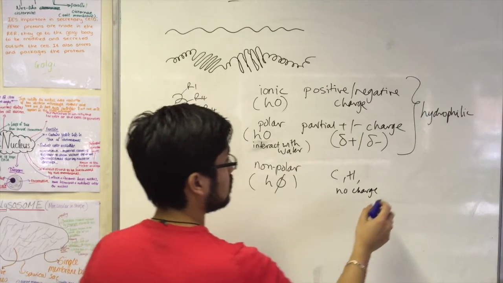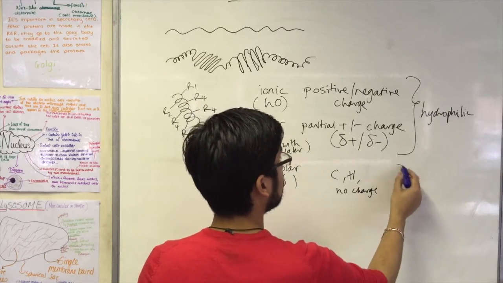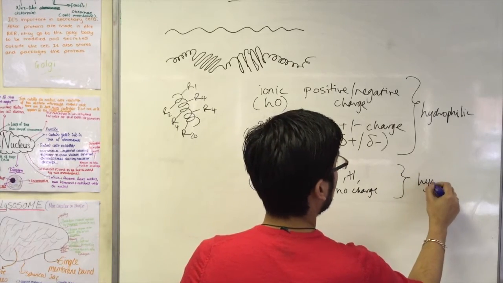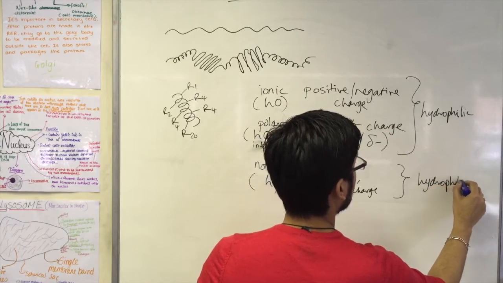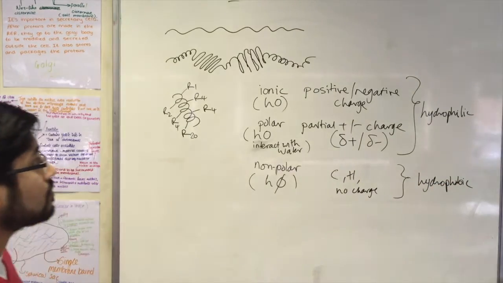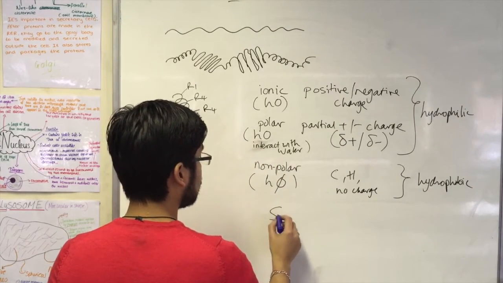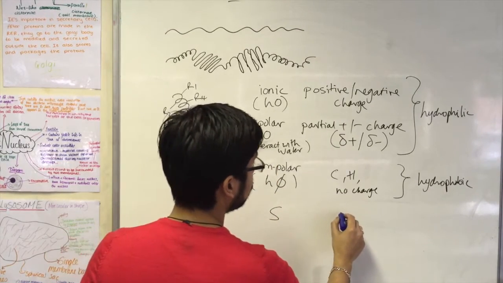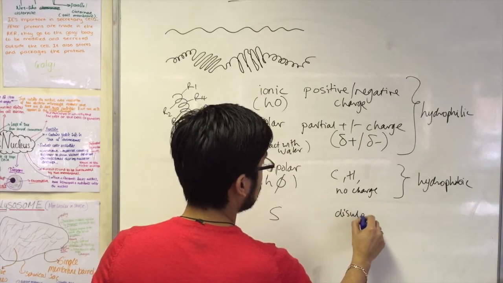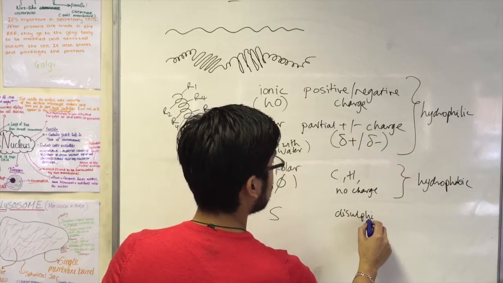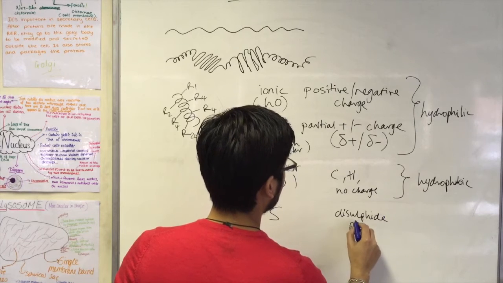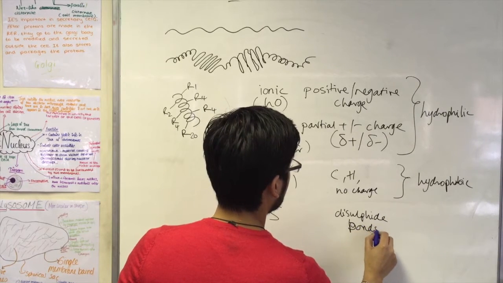No charge, no partial charge either. And these are hydrophobic. Okay. And then we have some R groups that have sulfur in them, and they can form covalent disulfide bonds.